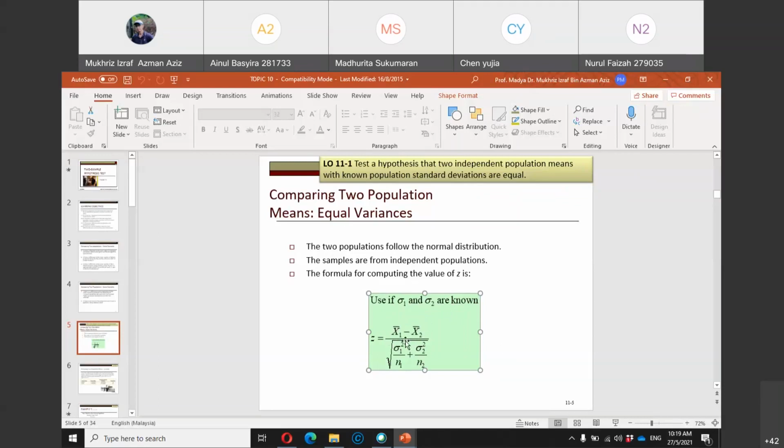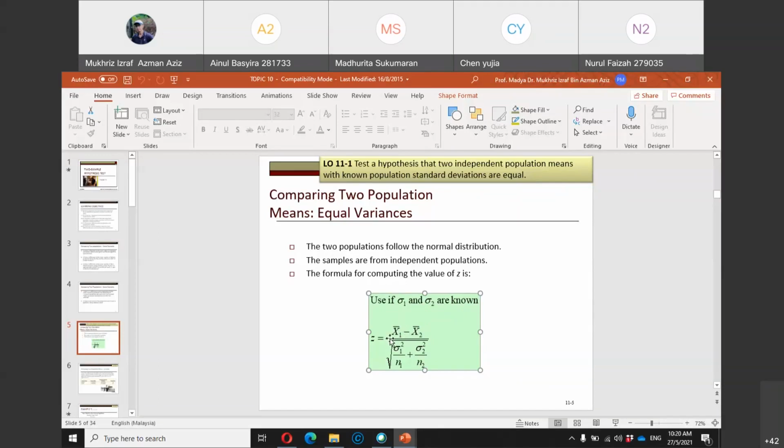So how do you know which one to deduct first? Can you also do the other way around, X bar 2 minus X bar 1? Yes and no. It depends on how you write your H1 and also your H0. I will explain that later. For example, the difference between group A and group B performance.